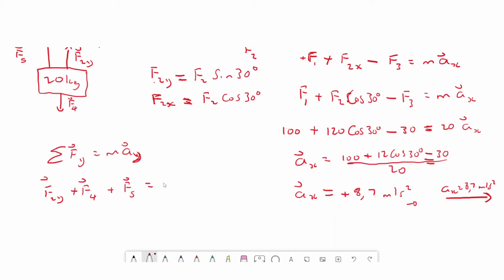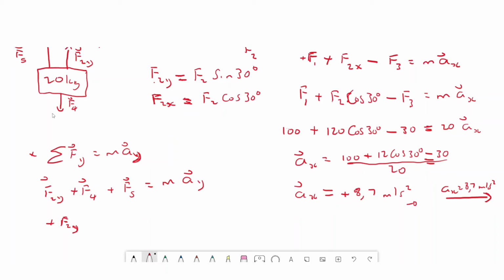Then the mass, I don't know. The acceleration is what I'm looking for, so I'll just leave it as a vector. You are allowed to move from this step to the step that I'm going to write now, whereby you say F2 is pointing up, so it's plus F2Y.